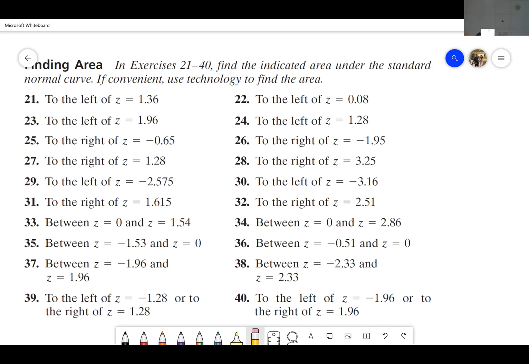So that's pretty straightforward. The area under the whole curve is equal to 1. So if you were to shade this and figure out that area, it would be 1, which makes sense because 100% of the area in decimal form is just 1.